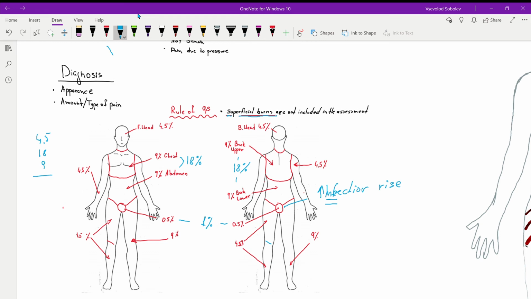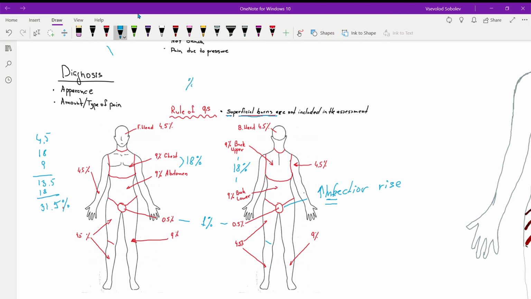You would add them: 4.5, 18, 9, and you get 31.5%. This number is going to be used in this formula.